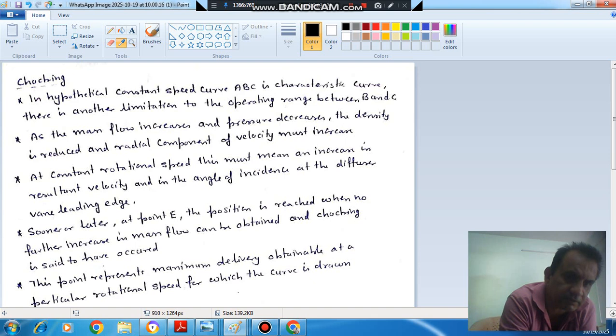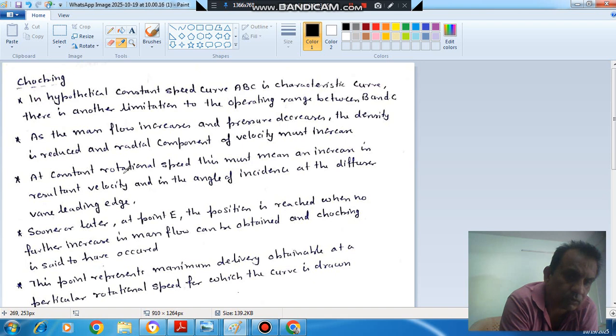If the final pressure is decreasing, the density is reduced, but the mass flow rate is radial velocity into area. So area is constant, so the radial velocity has to increase to maintain the mass flow rate, because density is reducing. So the radial component of velocity must increase.